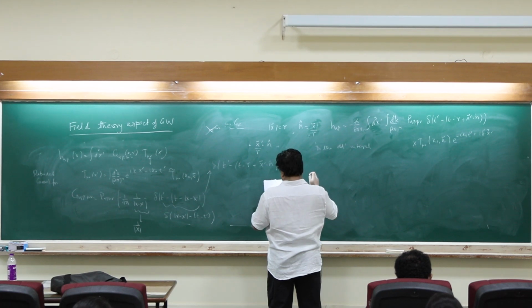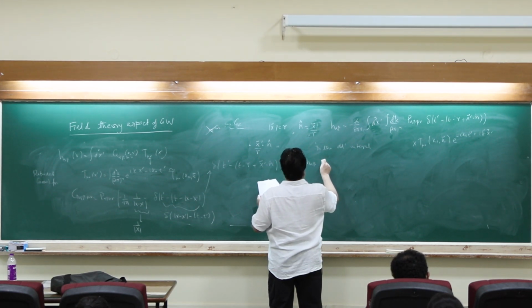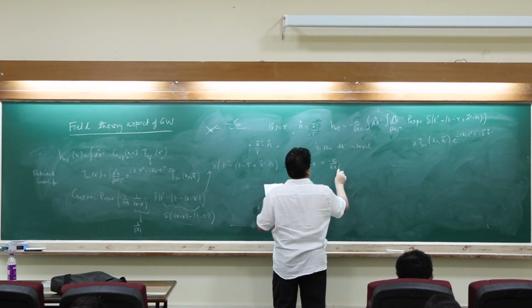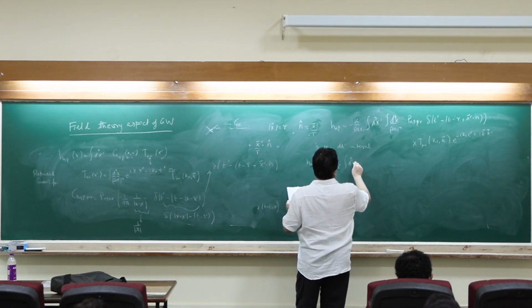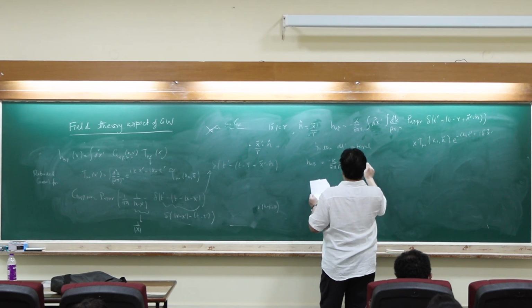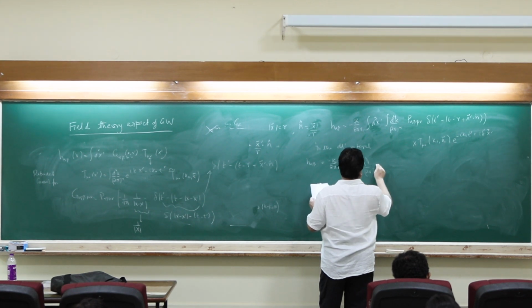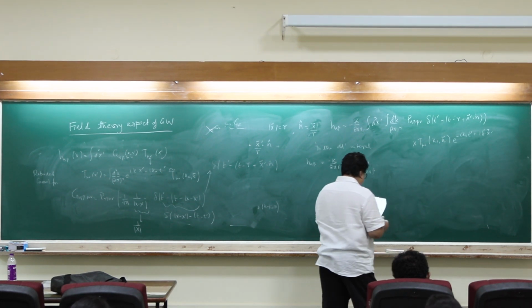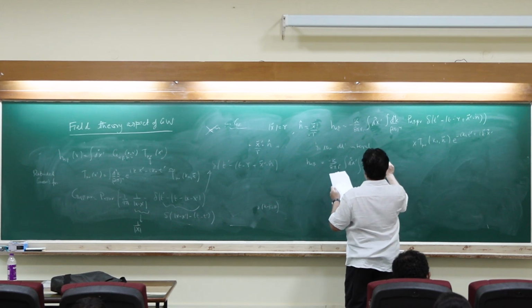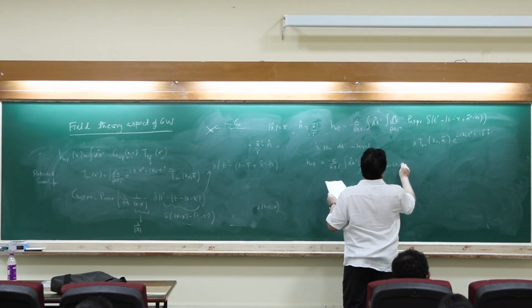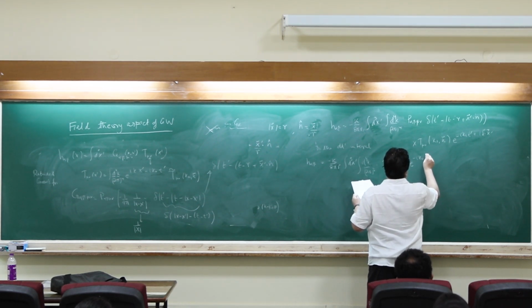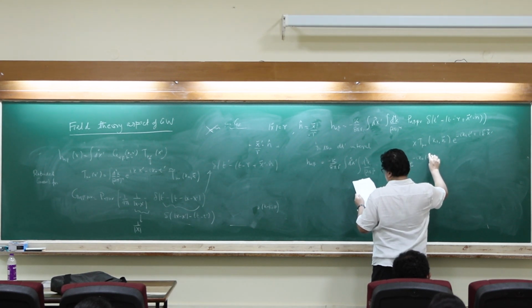So then what I will get is, the t prime integral means I'll just replace this t prime with this t minus r, and I'll collect terms and get minus i k naught, t minus r.